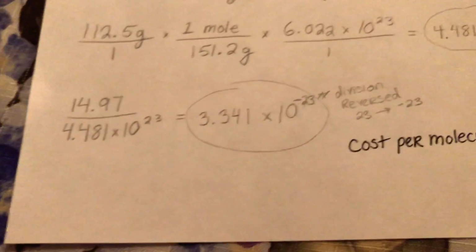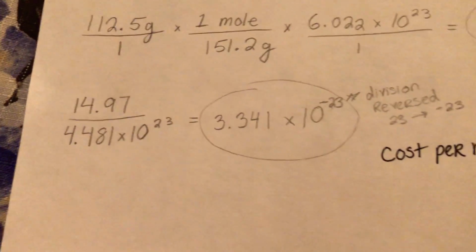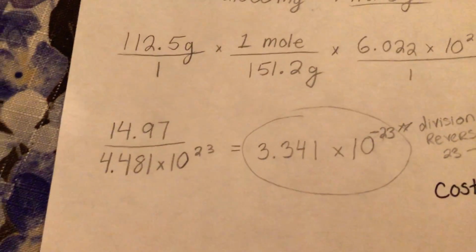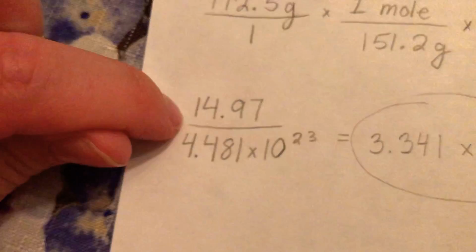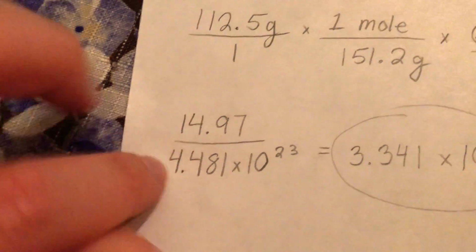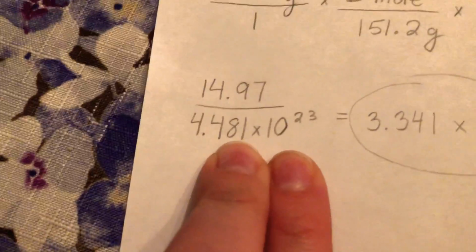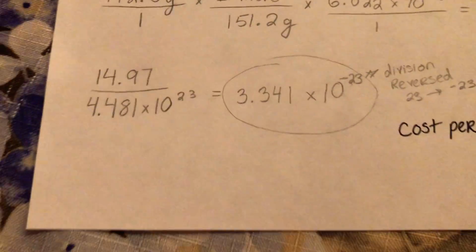So now all you have to do, once you have the number of molecules, is divide to figure out the cost per molecule. So because we figured out that's the number of molecules, that's the cost. You put it into the calculator.